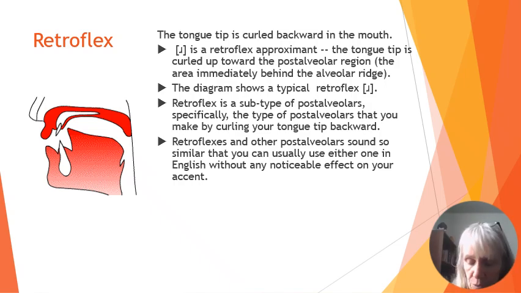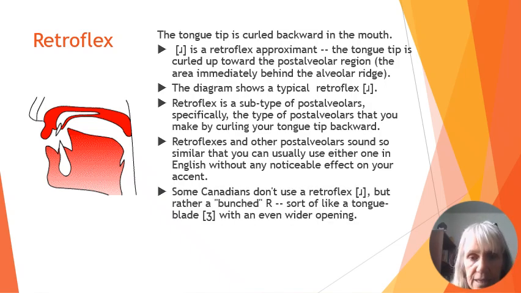Some Canadians don't use a retroflex r, but rather a bunched r, sort of like a tongue blade. So you're using your tongue to go back with an even wider opening. Okay, so there's different ways of saying that sound. But the correct way is actually the r with the tip curled backwards.